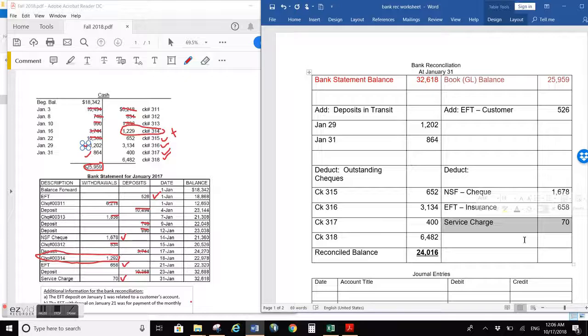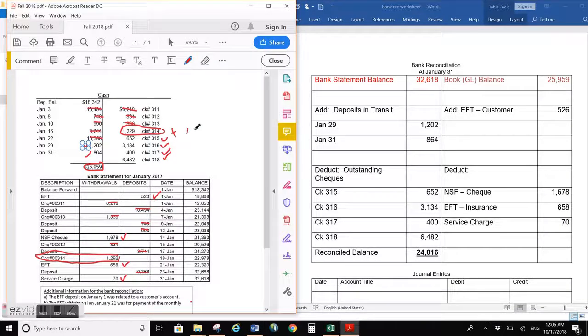So now the last thing to deal with is this nasty check number 314. When we wrote 314, this amount should have been $1,292. It's really hard to write with this pen. So we didn't take enough money out of our bank account. We should have deducted another $63 from our cash account.